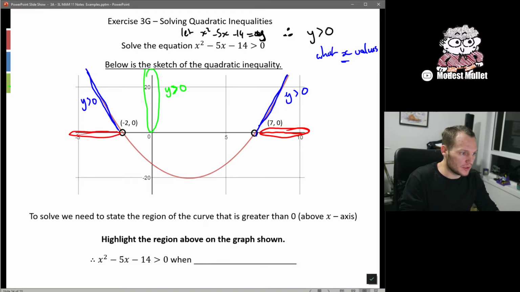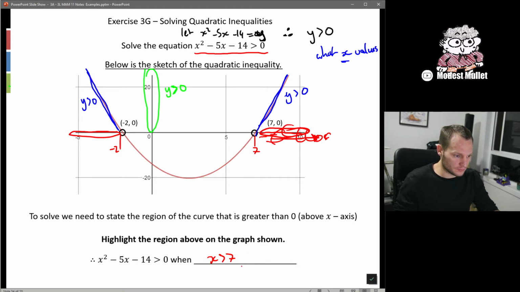So I need to read my x values here, and if I know that is 7, and I know that is -2, I can see anytime I make x over here, looking in this zone over here, if x is greater than 7, we can see from the graph my y is greater than 0, therefore the whole equation is greater than 0 as required by the inequality.